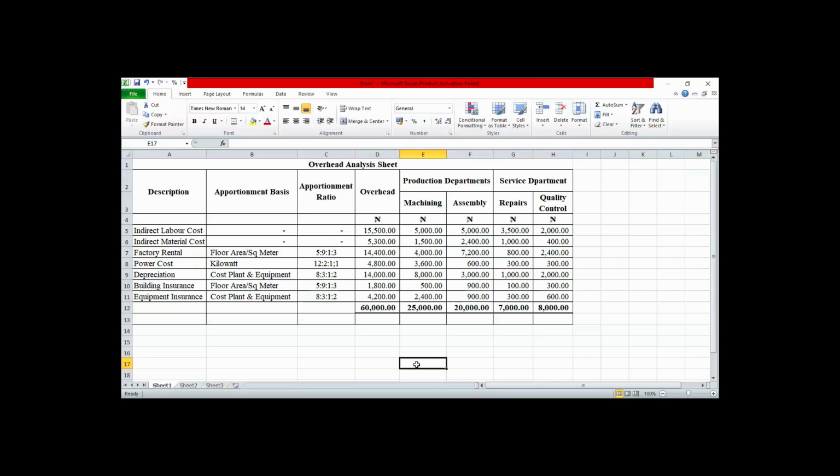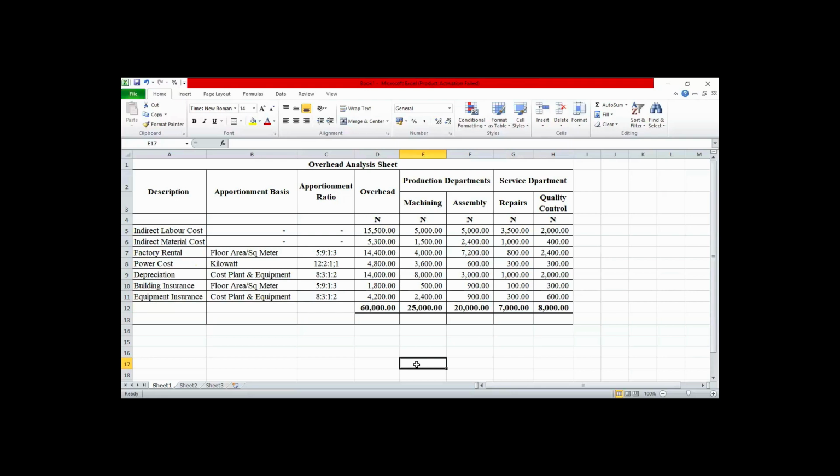Primary, yes. It is the primary that we use base of apportionment. Secondary, we use service render to share their produce secondary. Okay, sir.